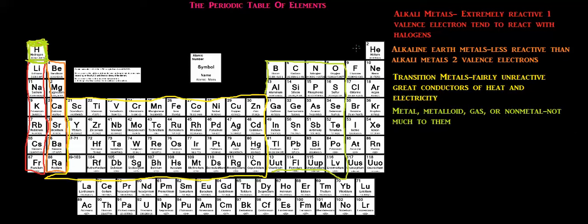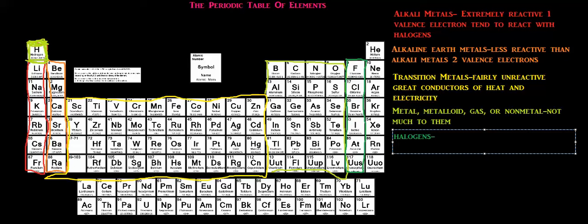Our next group are our halogens, right here in green, in this darker green. So halogens are very reactive. They're gases, so they're extremely reactive gases. And they react with alkali metals and alkaline earth metals.